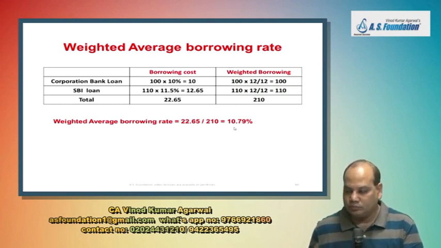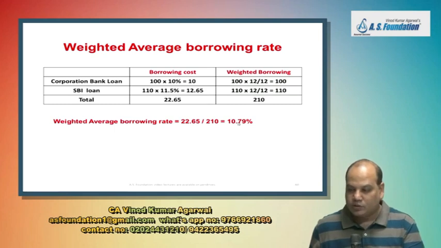Okay, this 10.79% I will use now for capitalization of general borrowing.